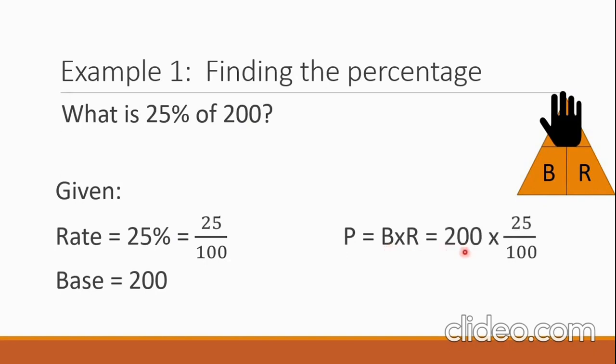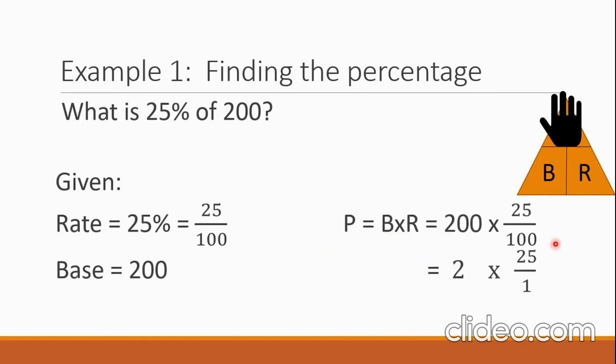The B is 200, the R, I will now use this 25 over 100. For most cases, the base is multiplied to the numerator, and then the result will be divided by this 100.